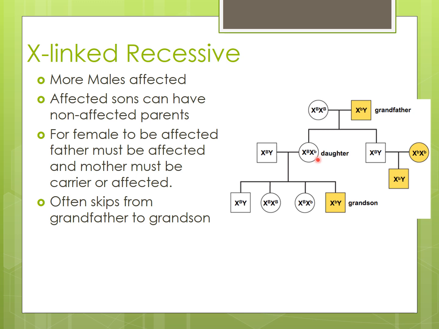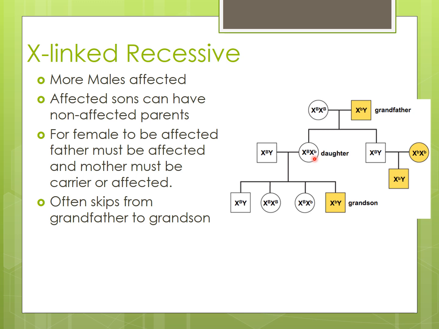This daughter then mated with an individual who was carrying a dominant B gene, you can see here. Now, we had a son and two daughters who were unaffected, but the grandson, the son from the carrier daughter, got a Y chromosome from the father, and then he had a 50% chance of getting a dominant or recessive allele from his mother.